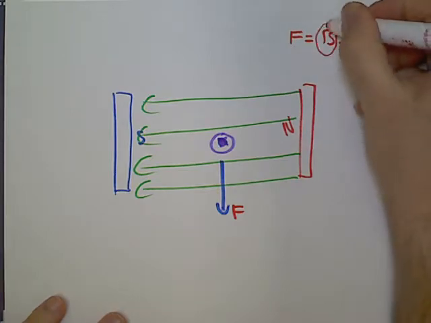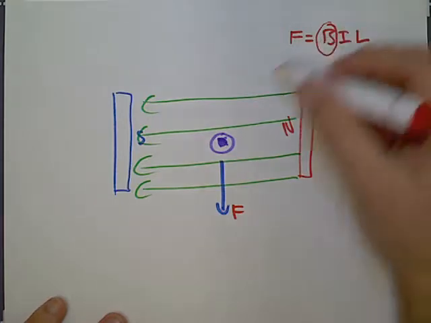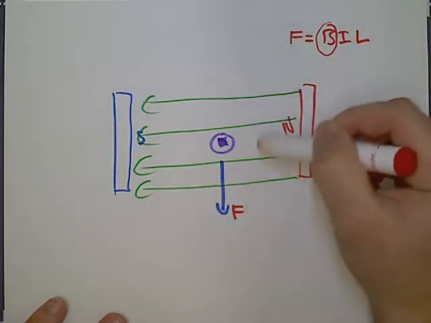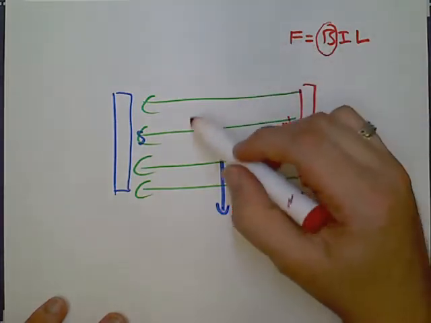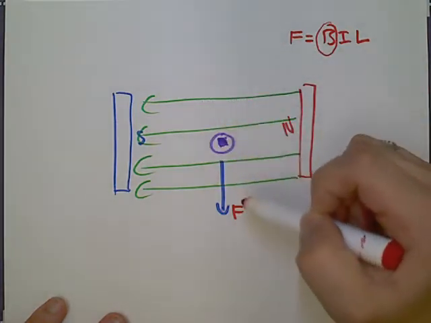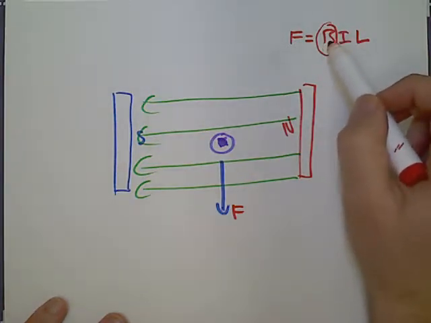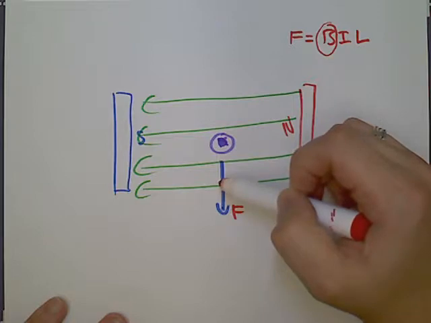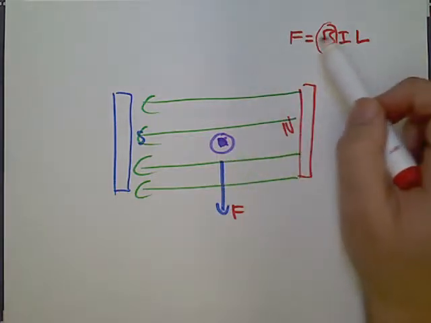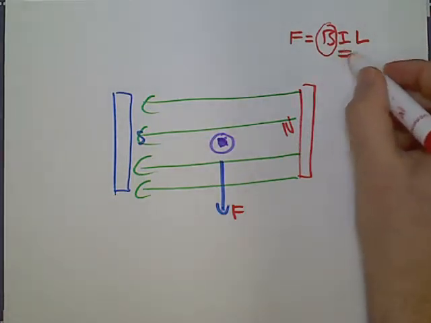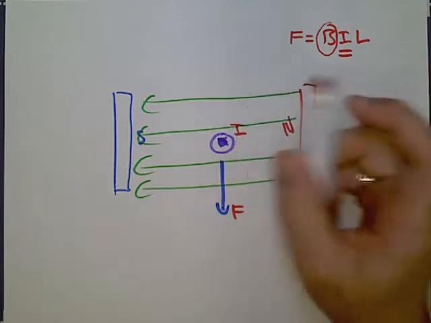B, as we've already spoken about, is the flux density of this magnetic field. So how dense these magnetic field lines are, which makes sense because the strength of this magnetic field is told by this flux. So the more flux density we've got, the greater the force is going to be. And then we've got the current, the current running through this wire, in this case out of the page.